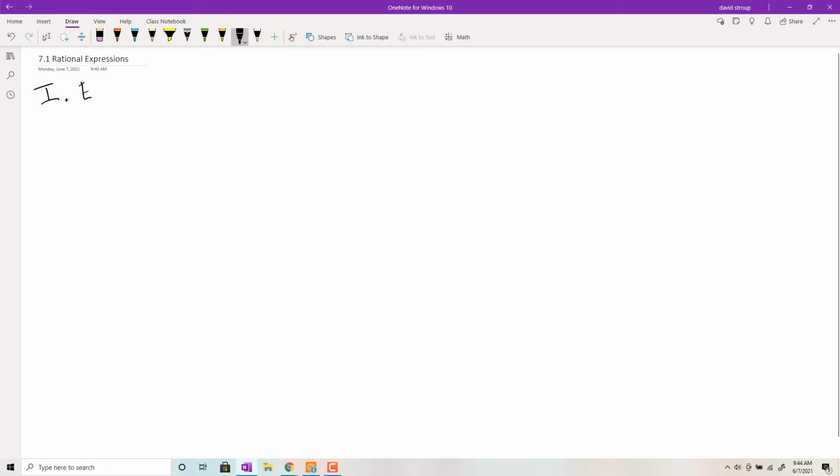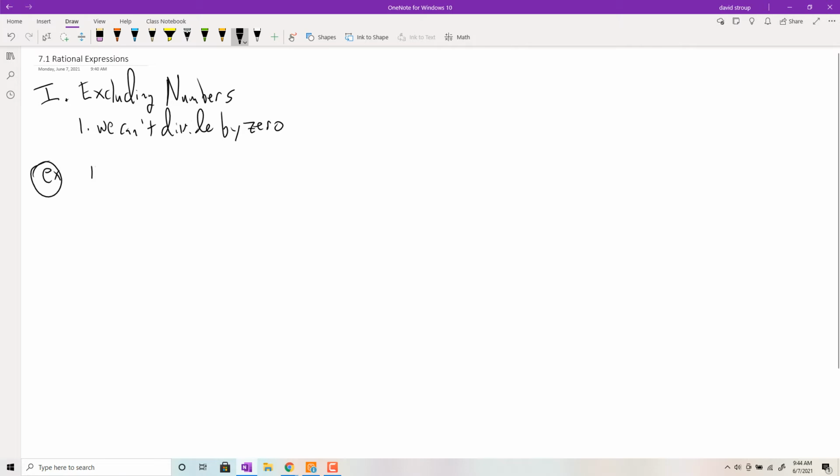So in section 1, even before we get to simplification, we're going to talk about excluding numbers. Basically, we can't divide by 0, and we need to avoid numbers that would cause that to happen. So we'll look at a bunch of examples here.